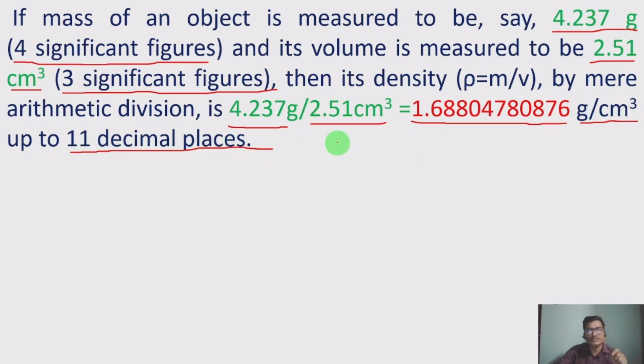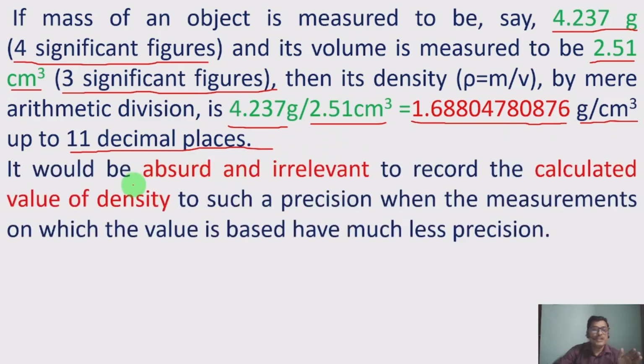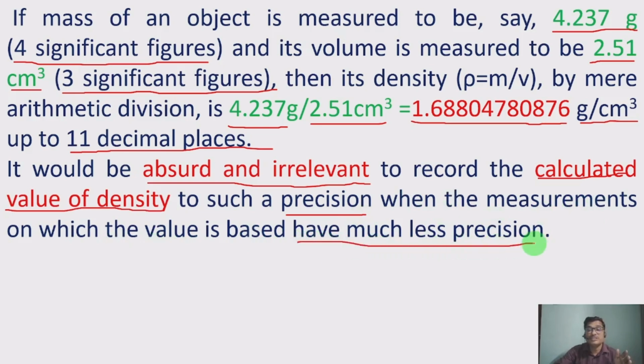Then what to do about it? It would be absurd and irrelevant to record the calculated value of density to such a precision when the measurements on which the value is based have much less precision.